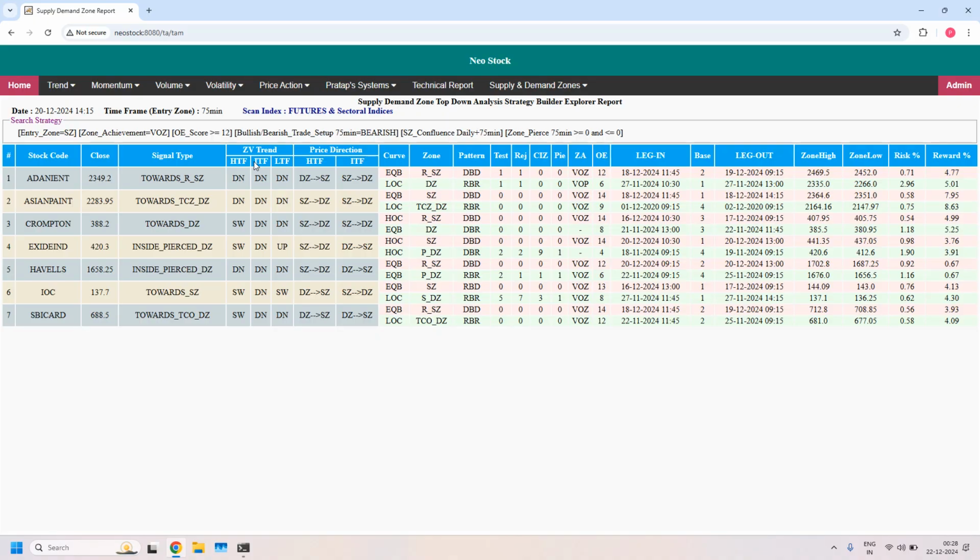And the daily means ITF. So daily trend is down and the 75-minute zone is part of the daily zone. If those daily supply zones have daily EMA confluence, then these 75-minute supply zones are even more high probability trade setup supported zones. Let us verify.